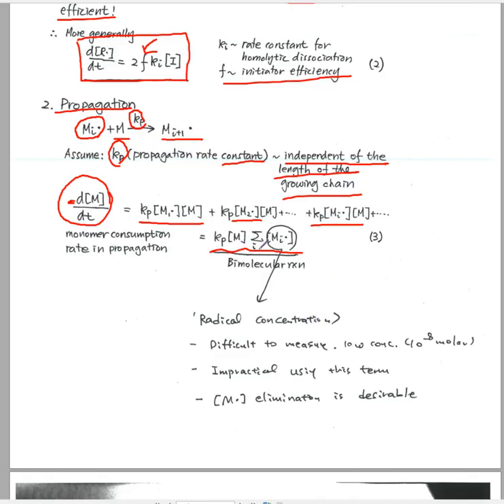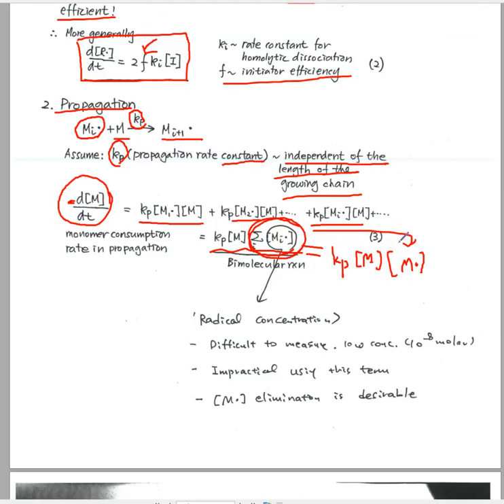Since it is not convenient to write this sigma, from here we'll just write it this way: Kp times [M] times [M•]. Just try to understand this is [M•], to make it simpler.